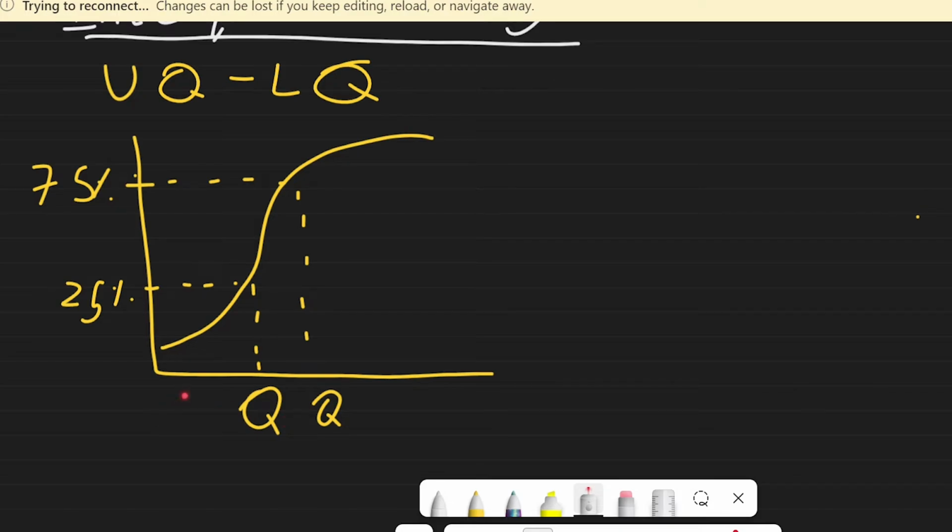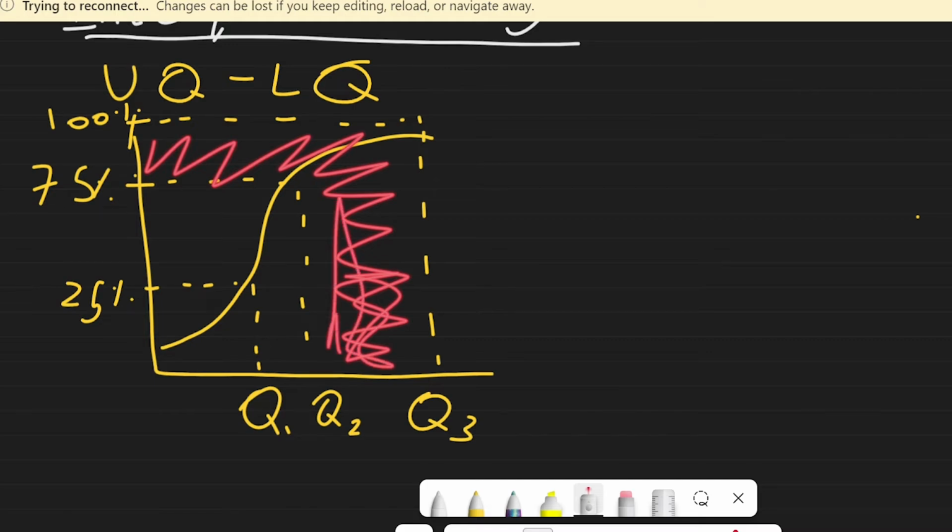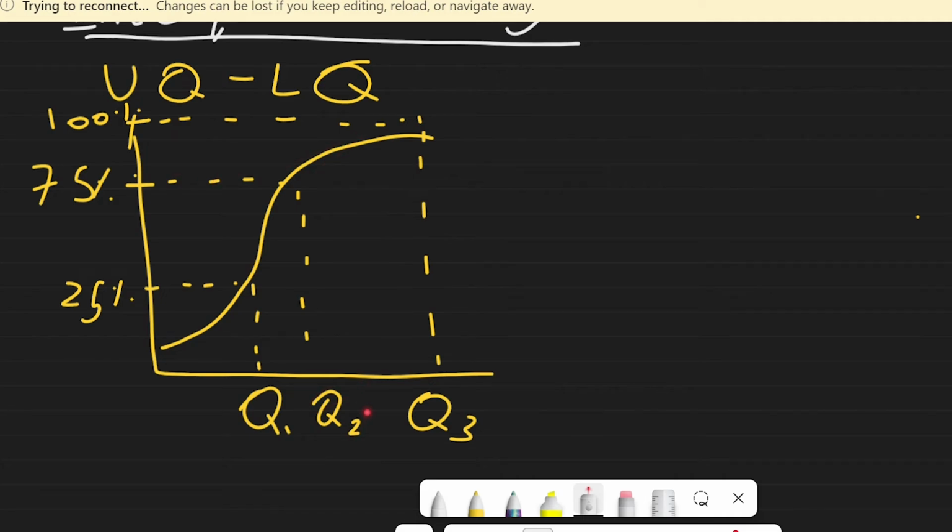And for the upper quartile, let me just extend the graph. This is 100%, so 100% will come somewhere over here. So this is 1, this is 2, and this is 3. The upper quartile is basically the 75% lower limit, which means the quantity above Q2 is the upper quartile.